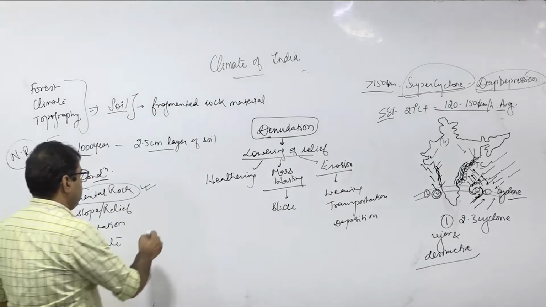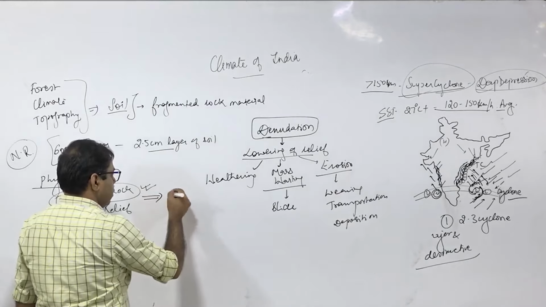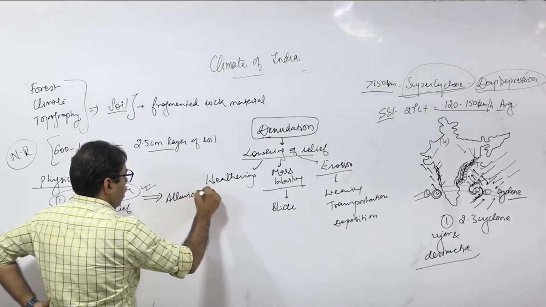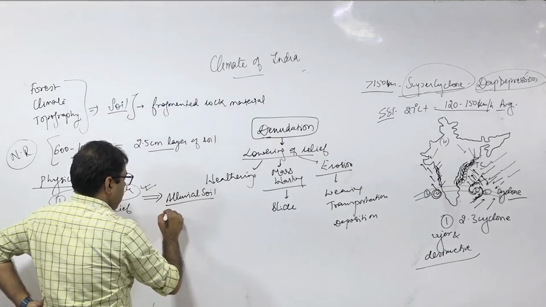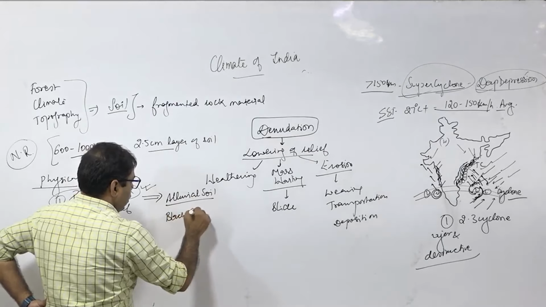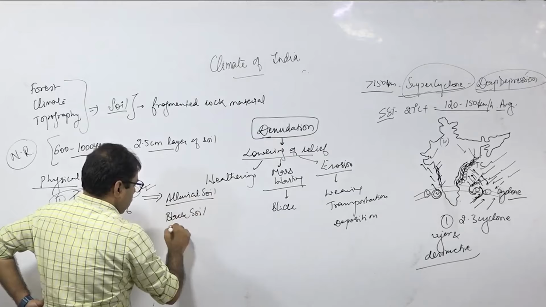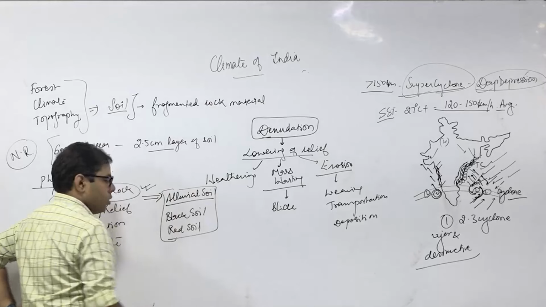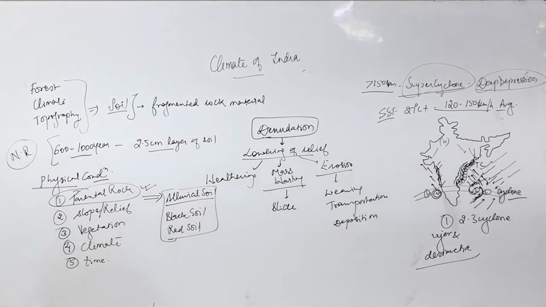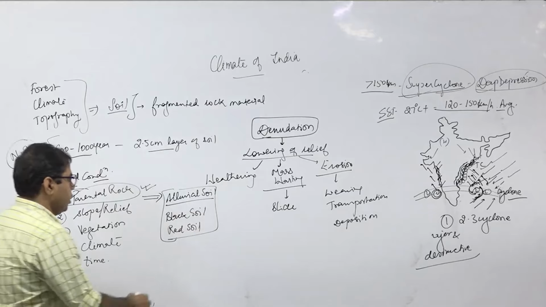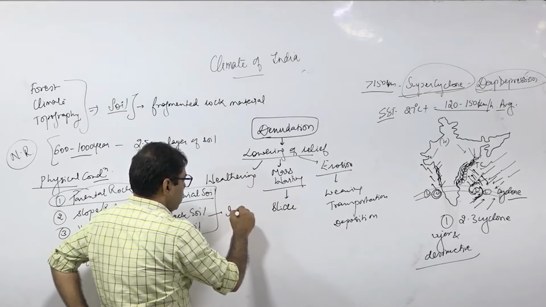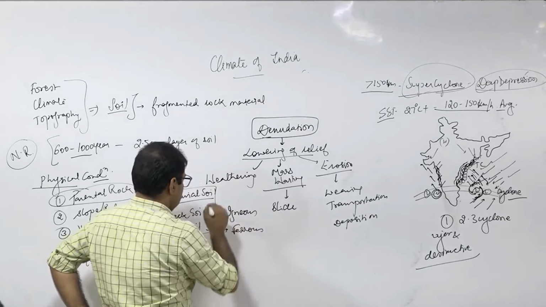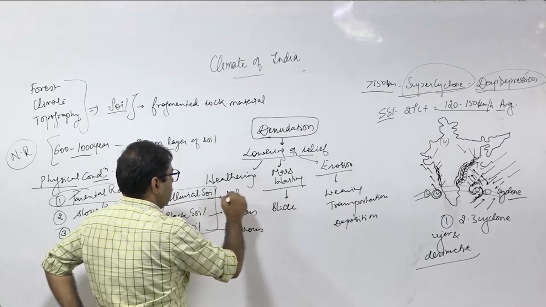So the best examples of the primary rock and the soil varieties are alluvial soil, black soil, red soil, right. So the black soil is formed from the igneous rock, red soil is formed from the ferrous rich rock, and the alluvial soil is formed from the sedimentary rock.